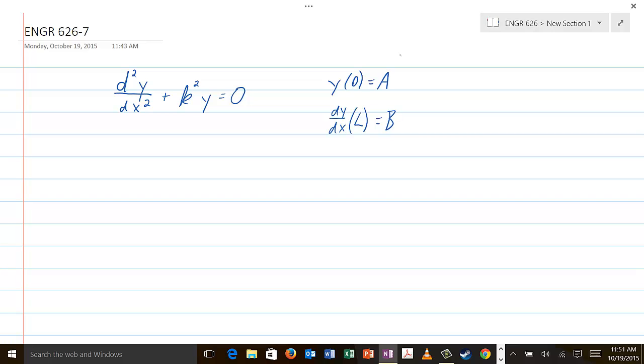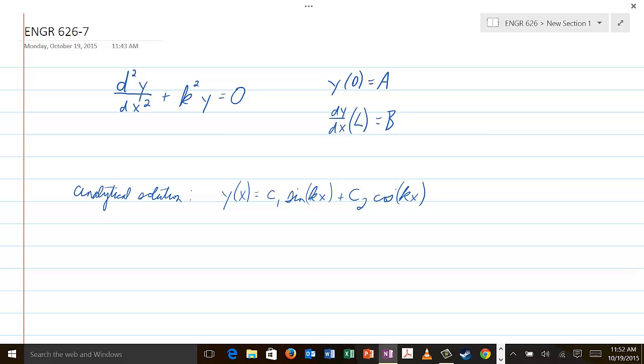Now, you will recall that the analytical solution to this is y of x is equal to c1 sine kx plus c2 cosine kx, where c1 and c2 are chosen to satisfy the boundary conditions y of 0 equals A and dy dx of L is equal to B. So all of this is straightforward, and you have done this kind of problem before.